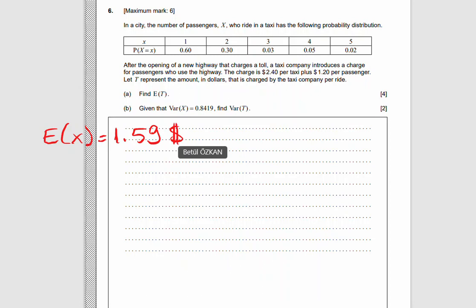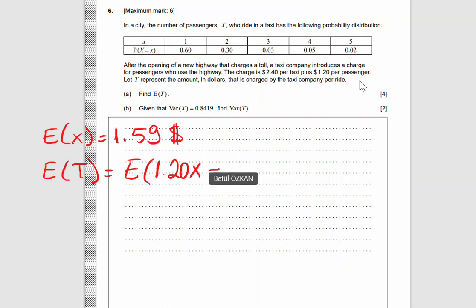Now I need to construct the equation for E of T. T is the function for $1.20 per passenger, so I'll write 1.20X plus, for each ride, a charge of 2.40.